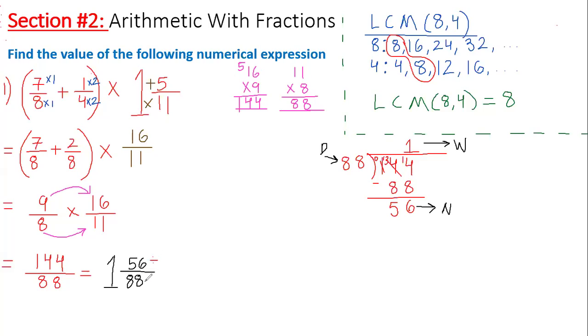Smart girl. 8 can go into both of them. So 56 divided by 8, 88 divided by 8. And so our answer is going to be equal to what? 1 and what? 56 divided by 8 is going to be what?